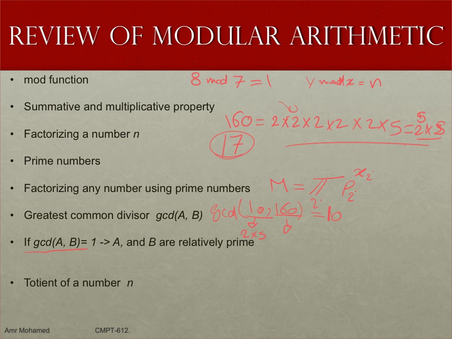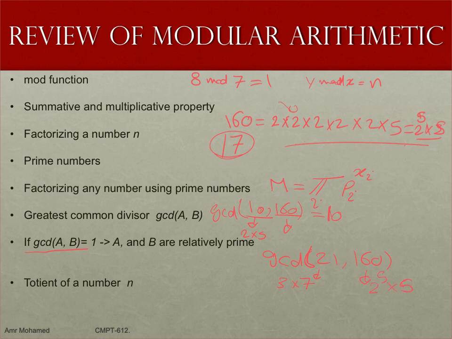For example, let's say the greatest common divisor between 21 and 160. 21 can be factorized as 3 times 7, and 160 can be factorized as 2 to the power 5 times 5.